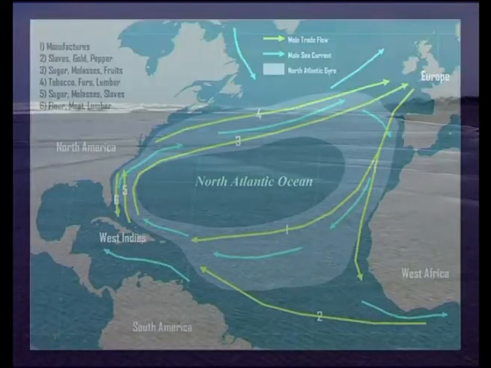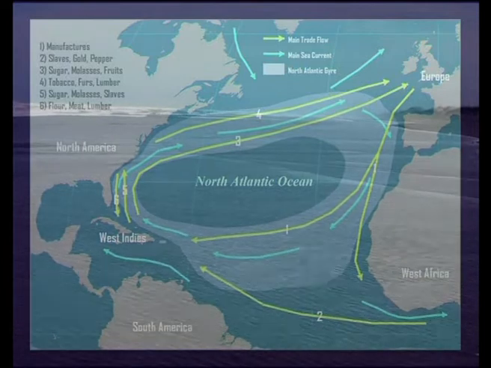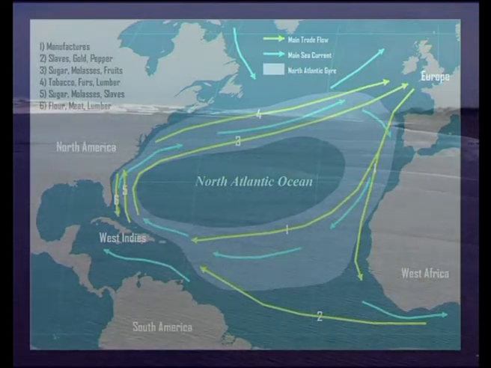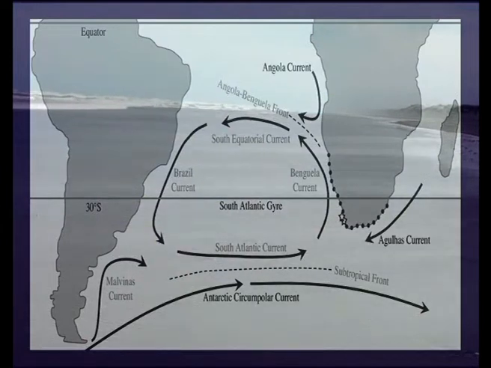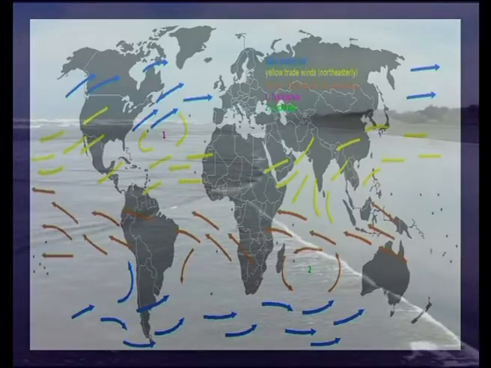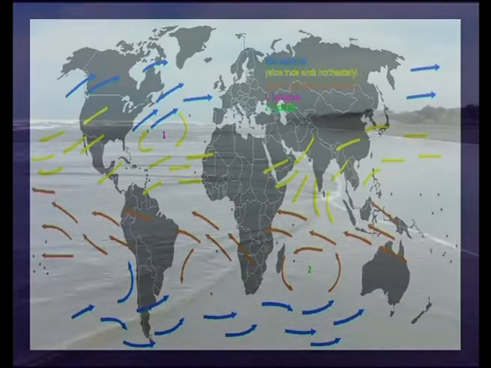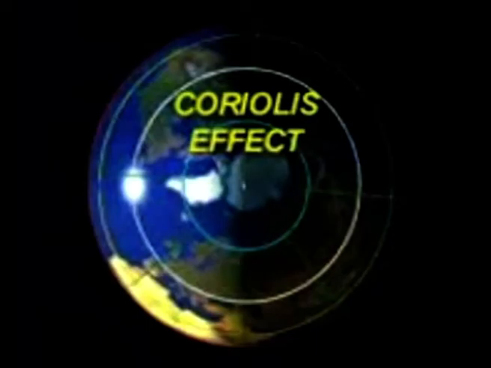The North Atlantic subtropical gyre, that is Columbus gyre, rotates clockwise, and the South Atlantic subtropical gyre, that is Navigator gyre, rotates counterclockwise due to the combined effects of the trade winds, the prevailing westerlies and the Coriolis effect.